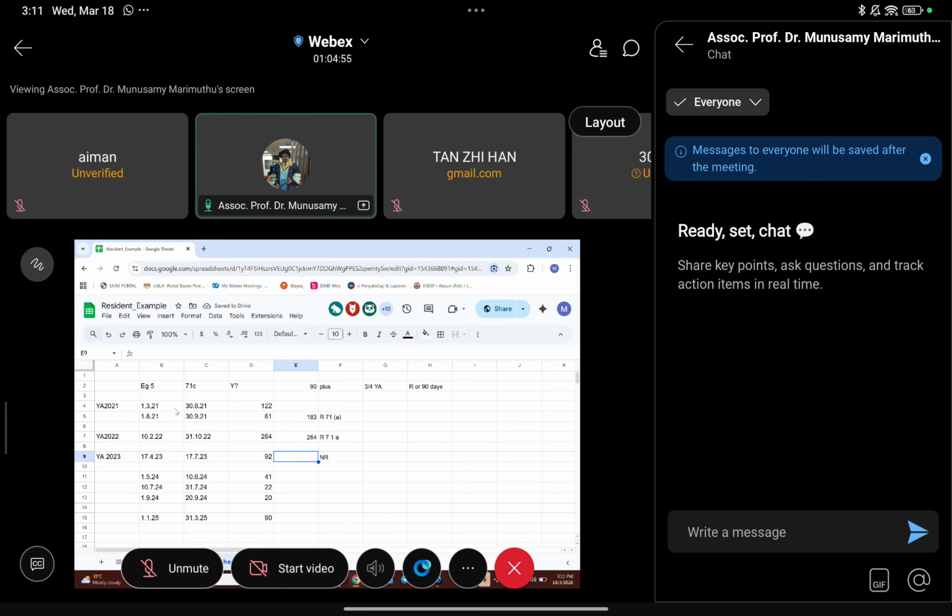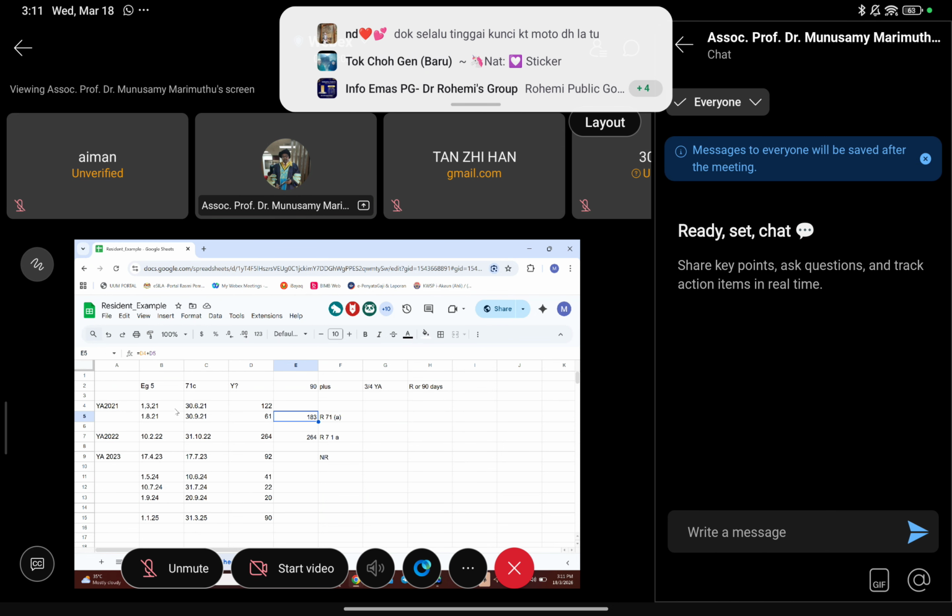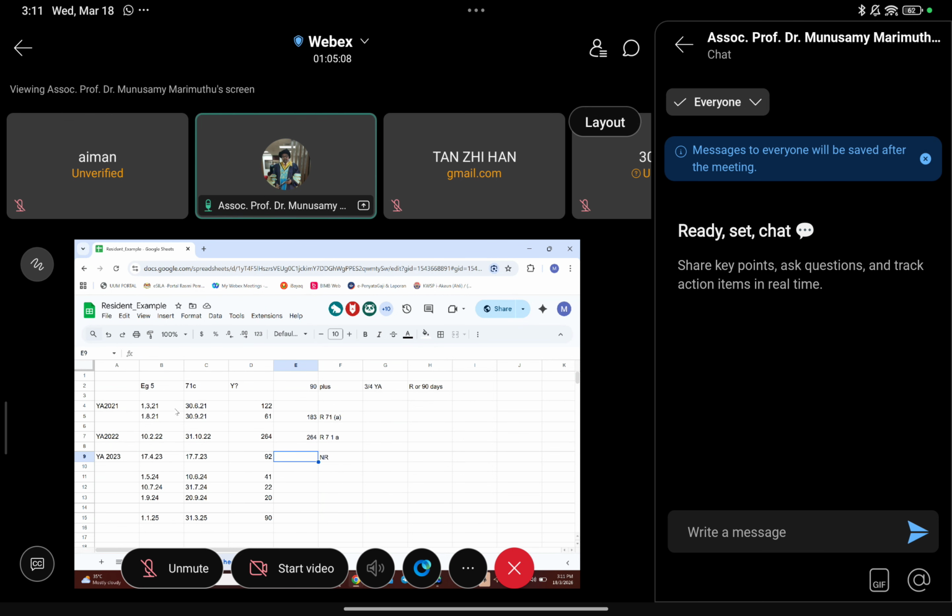Okay, 90 days, but we cannot fulfill 7.1C because he has only 2. We need at least 3 out of 4 in the preceding years before the year of question, but we only have 2, so cannot. So definitely he is not a resident.